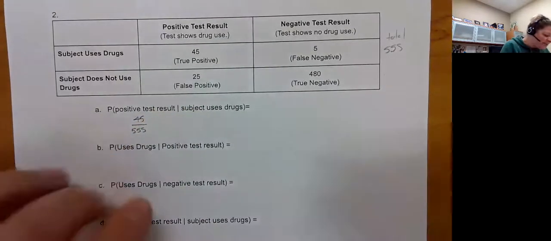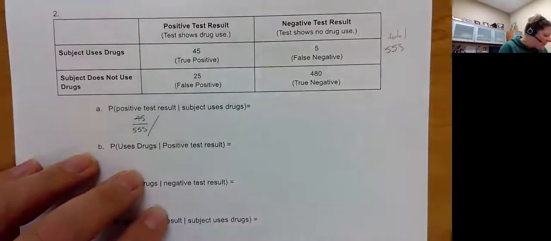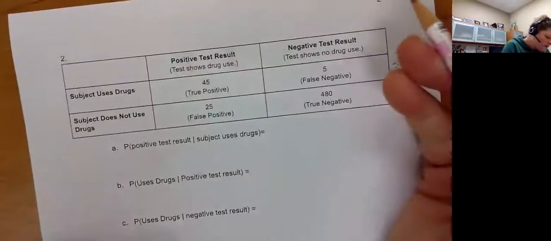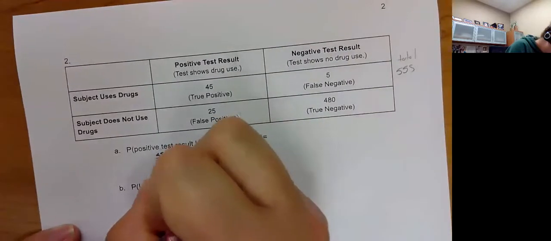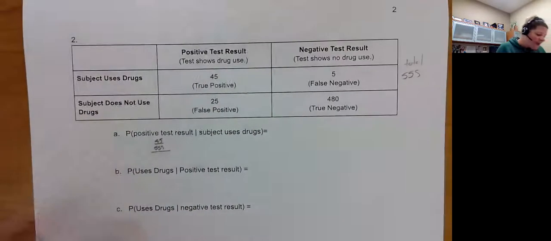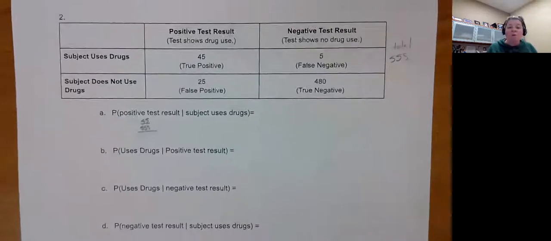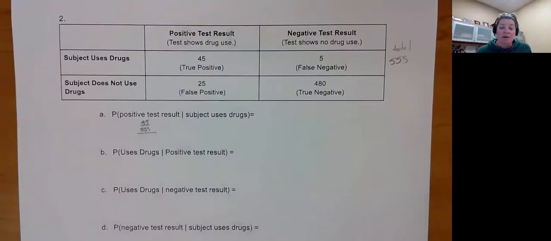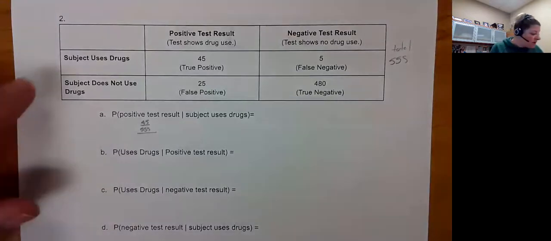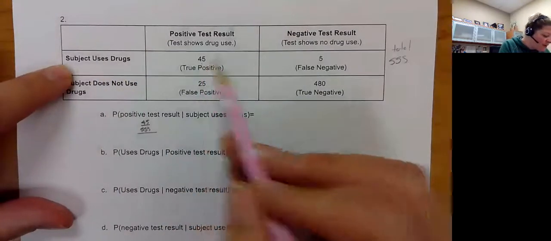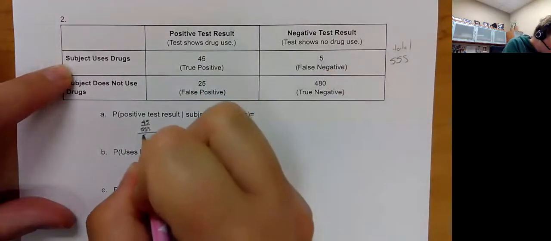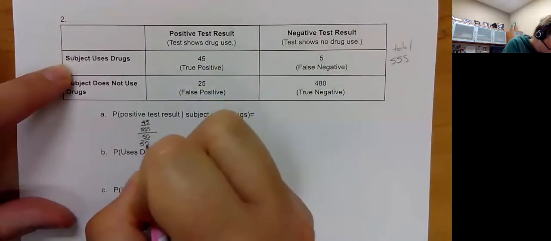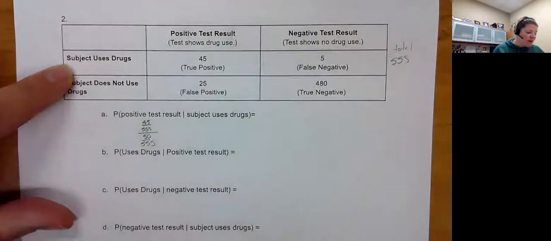That's our and, and we're going to divide that by, maybe I should have written smaller so I could do the division. So 45 out of 555 divided by, and on the denominator, which one goes there? The probability of the subject uses drugs, that second one. For subject uses drugs, there's 45 plus 5 more, which gives me 50 out of 555. So there are our 2 probabilities.